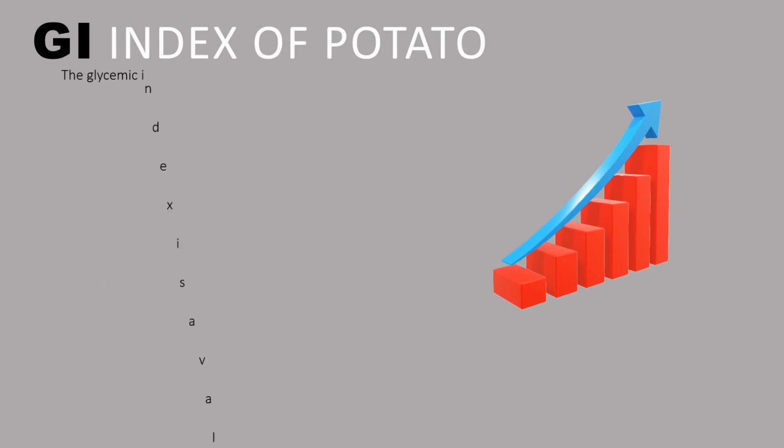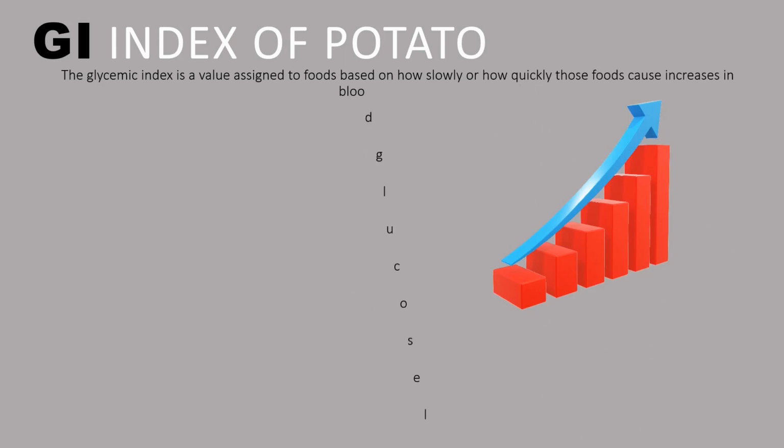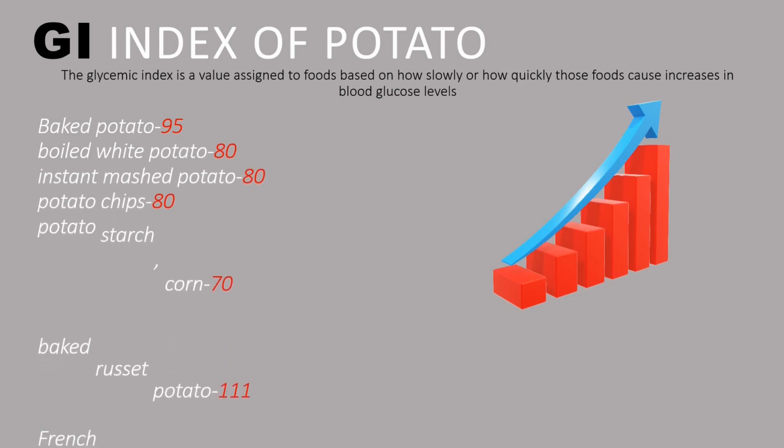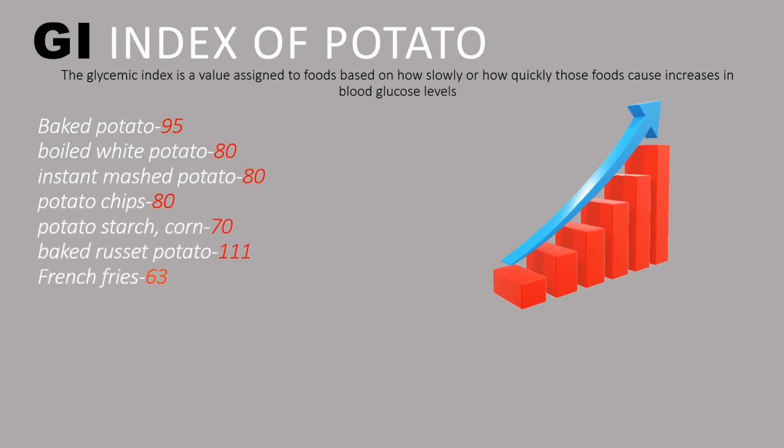Let's keep on going. This here is just to remind us that it has everything to do with the increase of blood sugar levels. Okay, the GI index. So let's take a look at some GIs of potato. Baked potato is 95. Family, remember that pure glucose is 100. Baked potato is 95. Boiled white potato is 80.